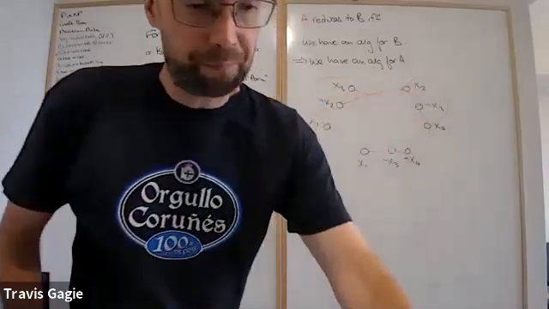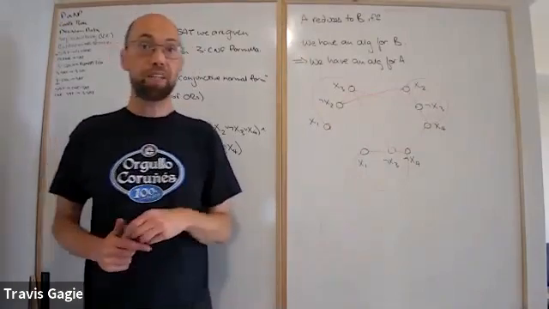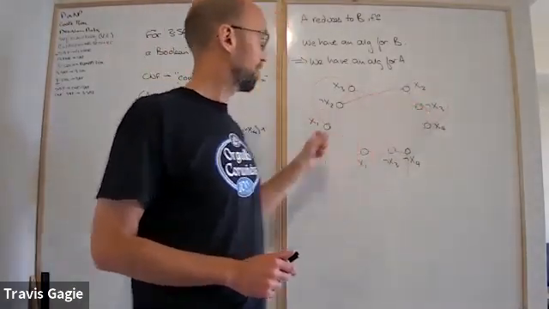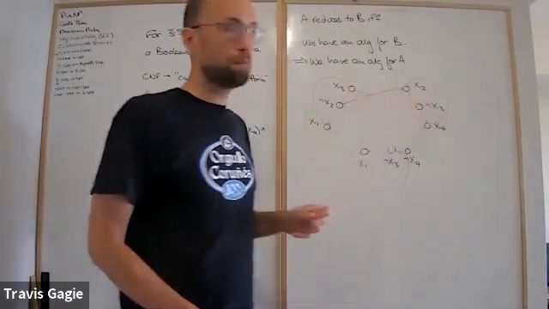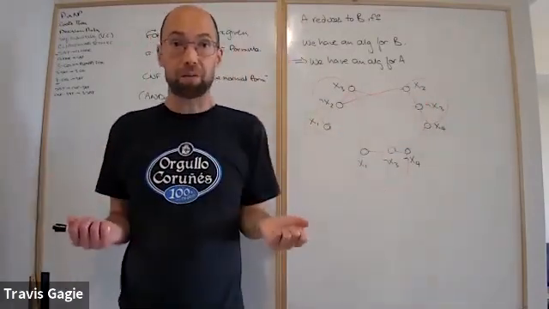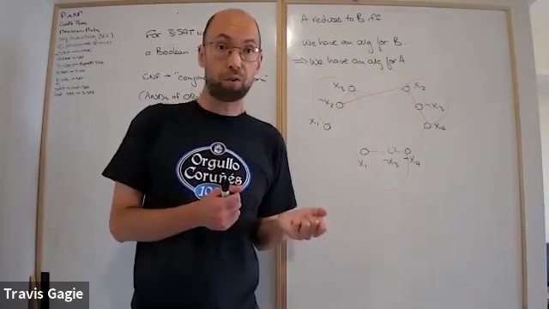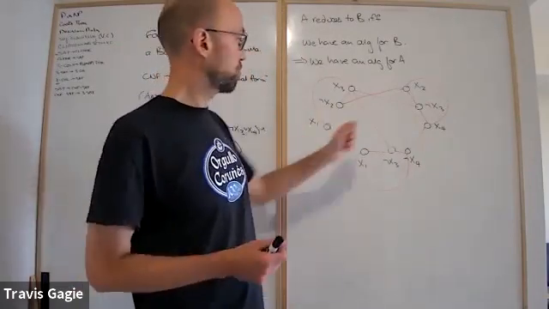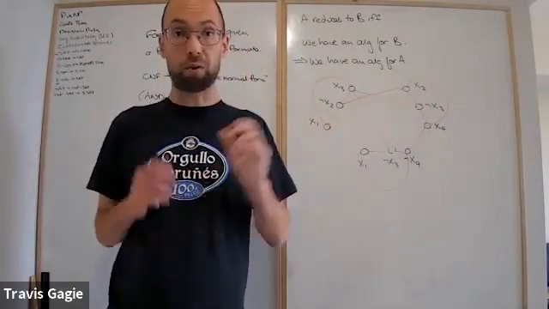Now, if we include this vertex and this vertex, there's no edge between them. So that means they are compatible. One could be true and the other could be true at the same time. Like x1 could be true and not x3 could be true at the same time.